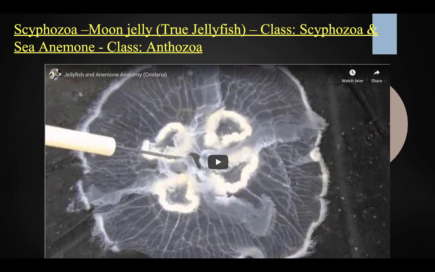But for some of these, I really do feel like they're important to review. And so for you to see even a dead specimen where they're able to move things around versus just a 2D picture. So let's start with the moon jelly here, the Scyphozoa, and then we're going to go through the Anthozoa.